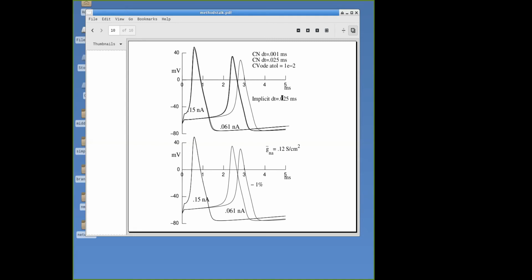So you could say, all right, integration method is important under certain circumstances. But what about these examples down here? Again, we're doing the same thing, except I'm only comparing one of these solutions.